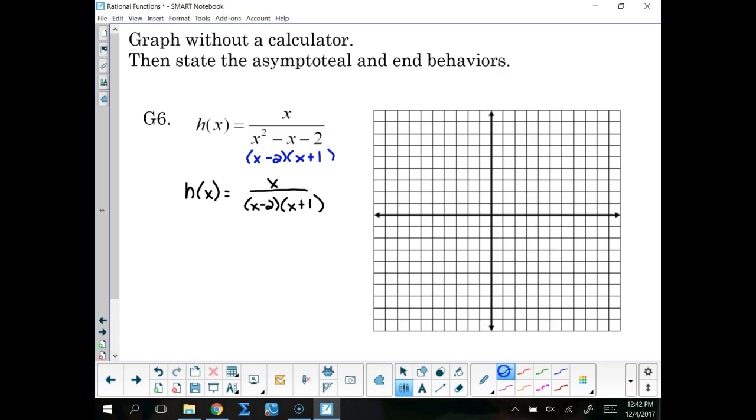Didn't really change anything. Okay, if you didn't do that, that's fine. No big deal. What is my domain now? All real numbers. X cannot equal 2 or negative 1.